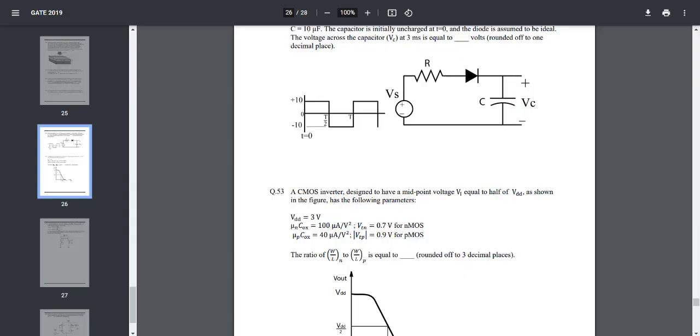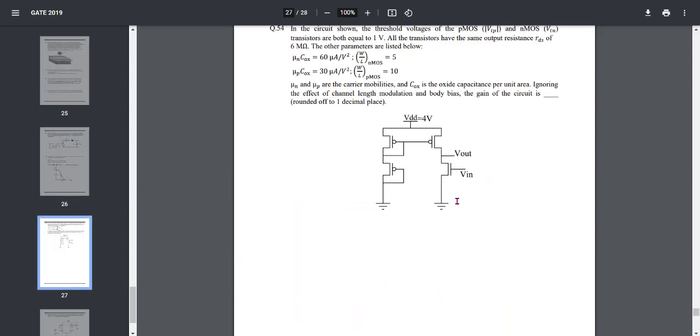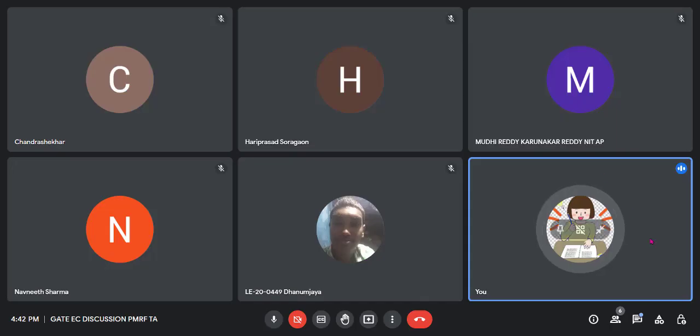I think I can just share the screen from the question paper and directly tell you how it is working, because I'm not getting internet on my iPad.